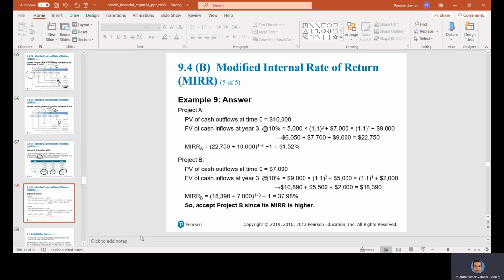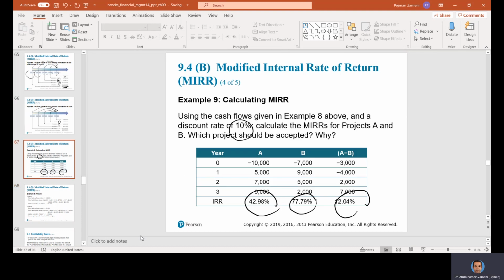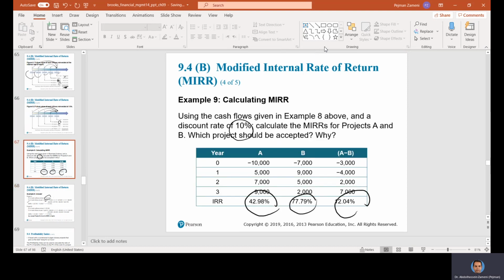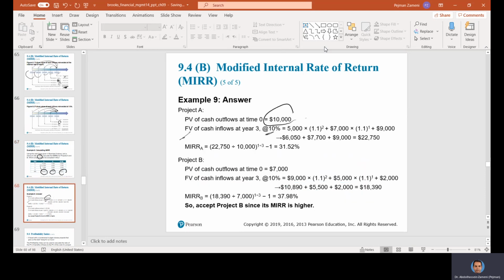Okay, project A, the present value of cash outflows at time 0 is given to us, see, 10,000 from the table. And the future value of cash inflows at year 3 at 10% rate is already given. It means that we take these 3 values to the future time for project A. And then we get this number.